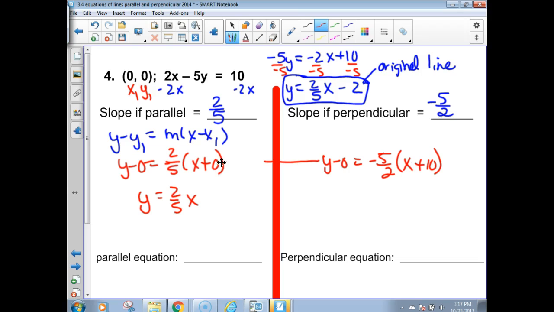Oh, I shouldn't have plus 0. I should have had minus 0 if I'm being technical about it. Anyway, that's going to give us y equals negative 5/2 times x. Oh, so I already got the equations pretty darn fast on that one.